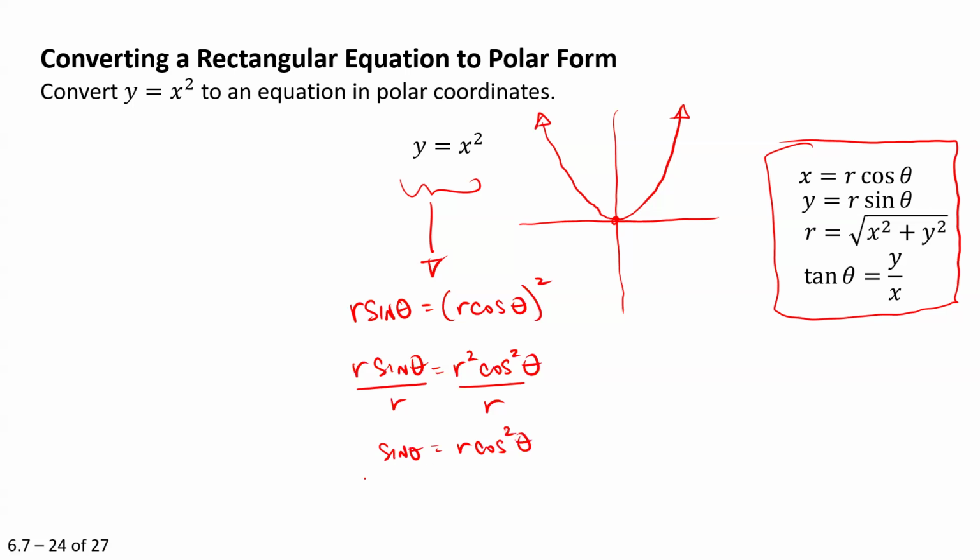And let's solve in the same way that we solve for y to get mx plus b or something like that. Let's solve for r. Let's see what r is in terms of theta. I'll have to divide both sides by cosine squared theta. And I'll get sine theta over cosine squared theta.